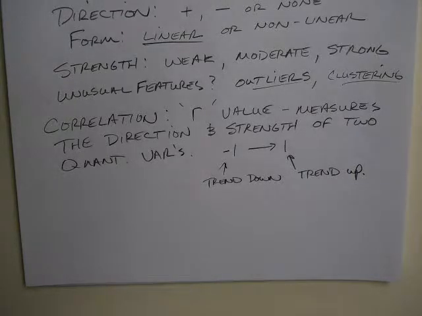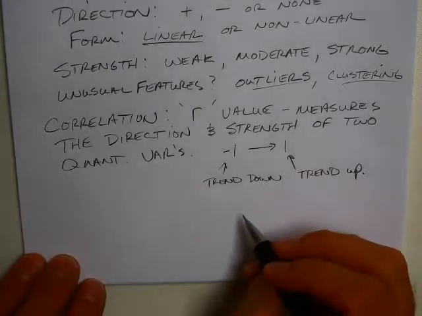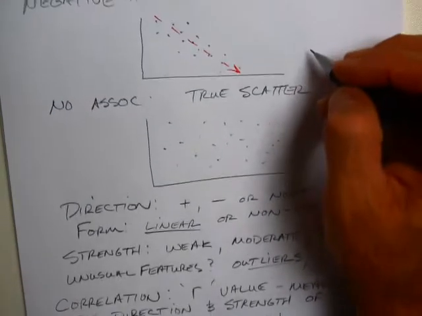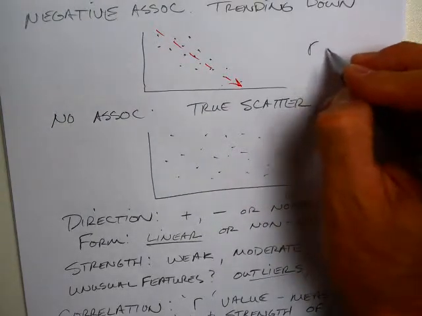What do you think 0 is going to be? It's not negative, it's not positive. It's a good thought. Another thought? No association, right. 0 would be no association. It's a true scatter. So this one would be, let me go back up here, R is negative.